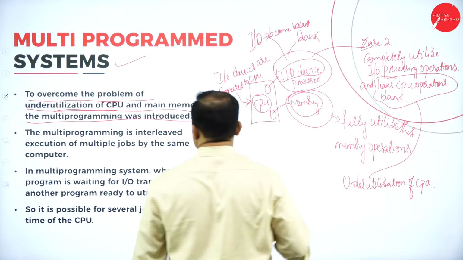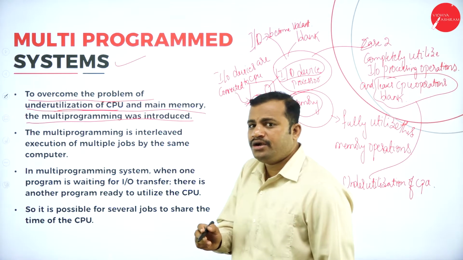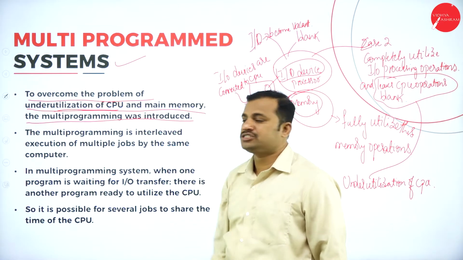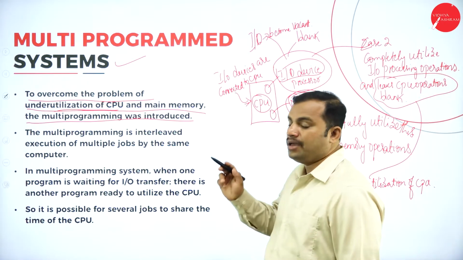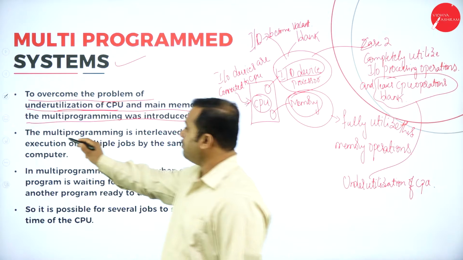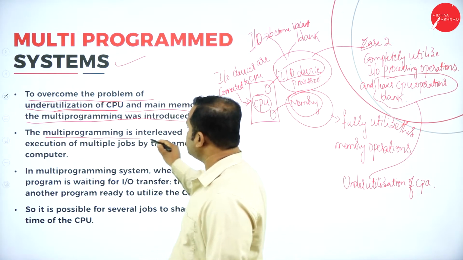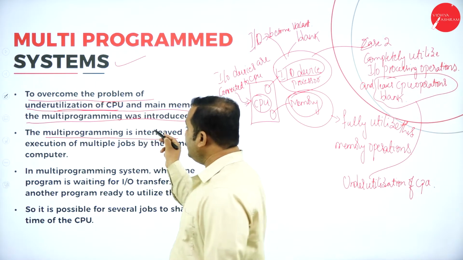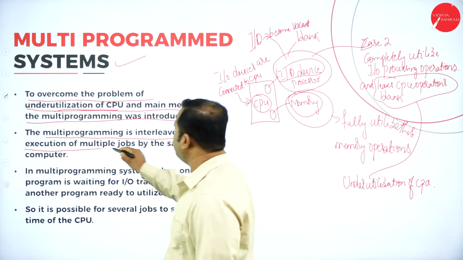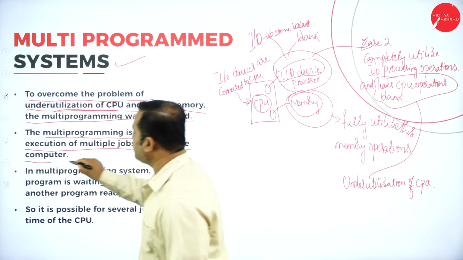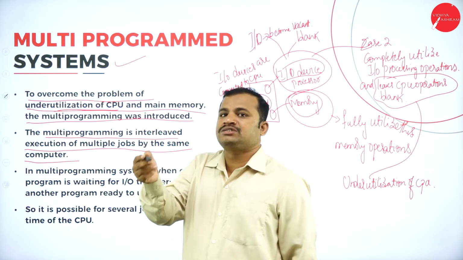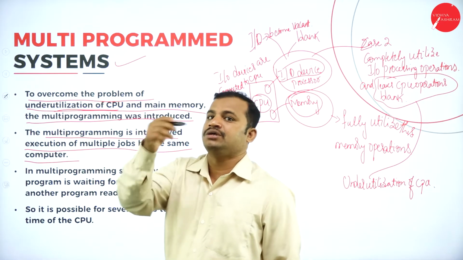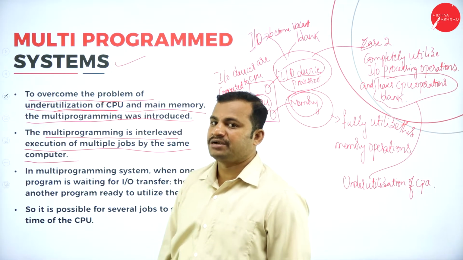So in order to maximize the efficiency of this system, I am going to incorporate the multi-programming operations, because an interleaved execution of multiple jobs by the same computer helps the system improve its efficiency. What does that mean?